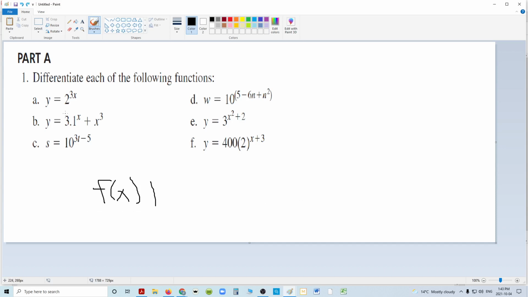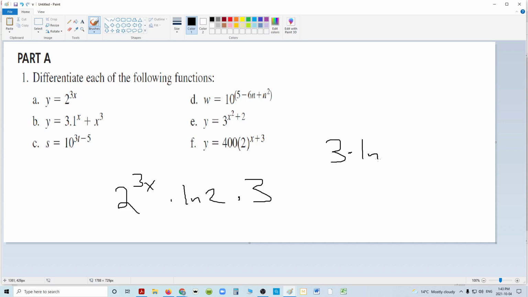So looking at that formula, we can see the derivative of this is going to be the function itself times the ln of the base, ln of 2, times, what's the derivative of 3x? It's 3. So rewriting it, I like to write 3 times ln 2 because those are numbers and it's good to have the numbers in front, times whatever was the original function, like that.